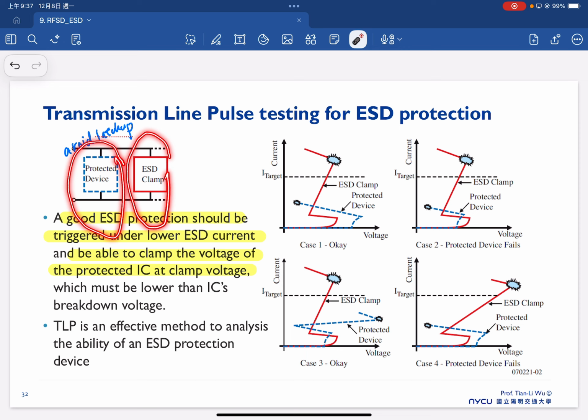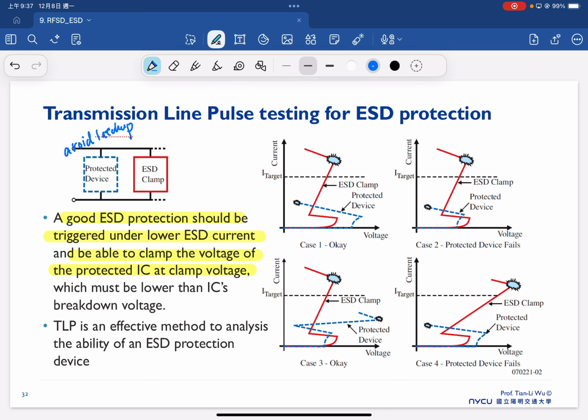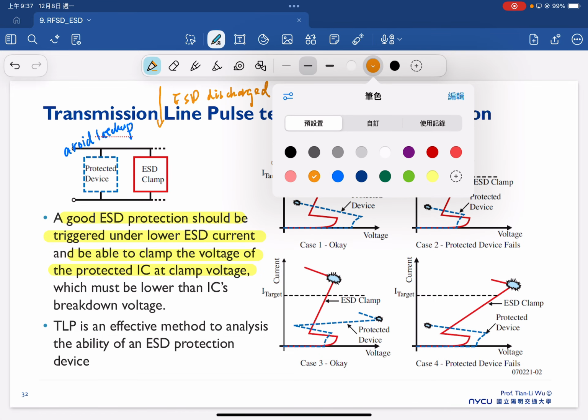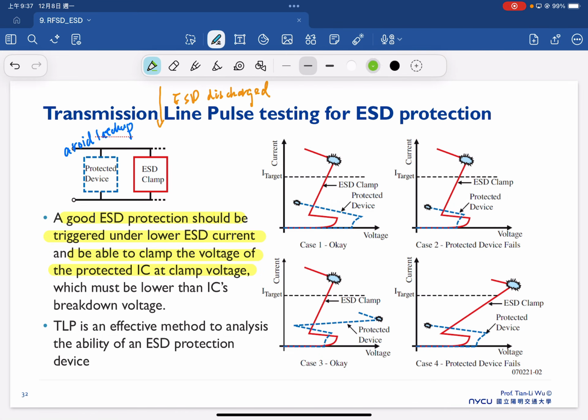So that's the idea. Once we have the electrostatic discharge event happen, we want to make sure that this ESD latch up event will mainly go through this ESD protection device rather than our main device.